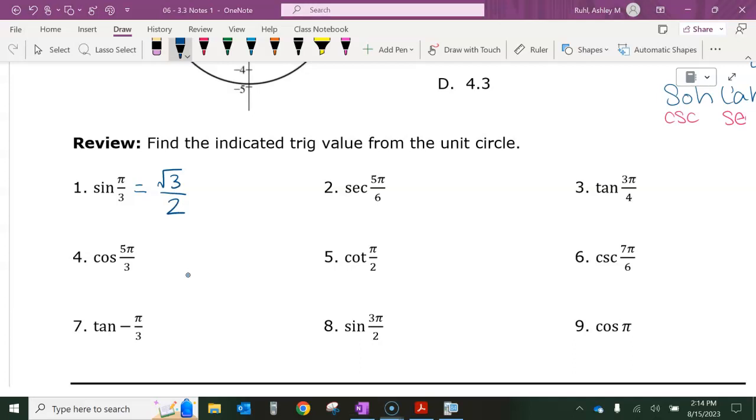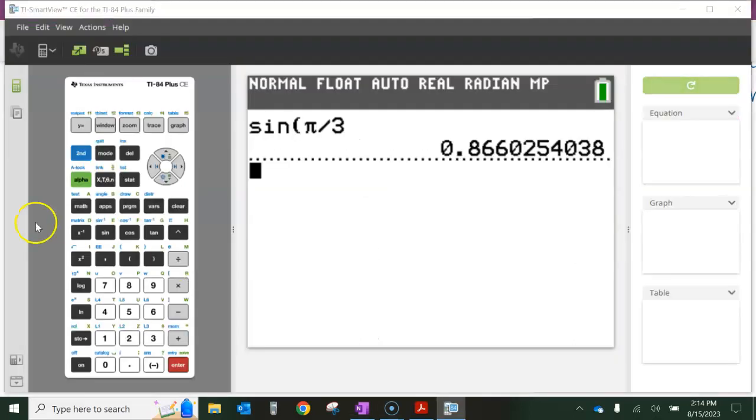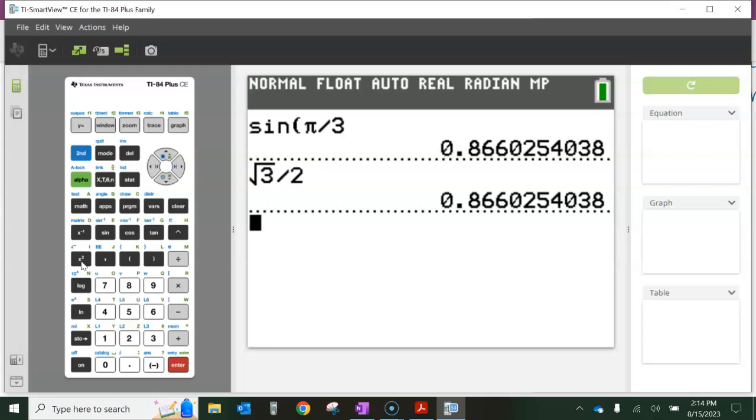And you can see that if you put square root 3 divided by 2 in the calculator, those are the exact same decimals. So my exact value for sine pi over 3 is square root 3 over 2.